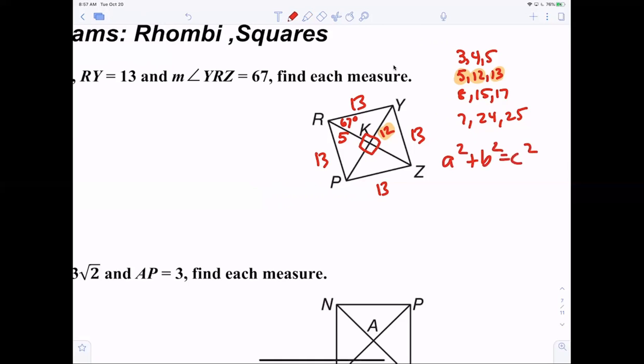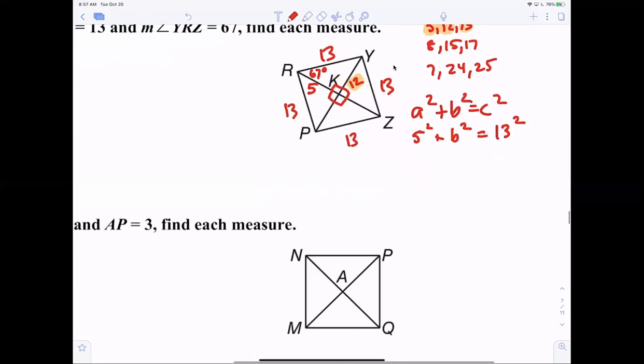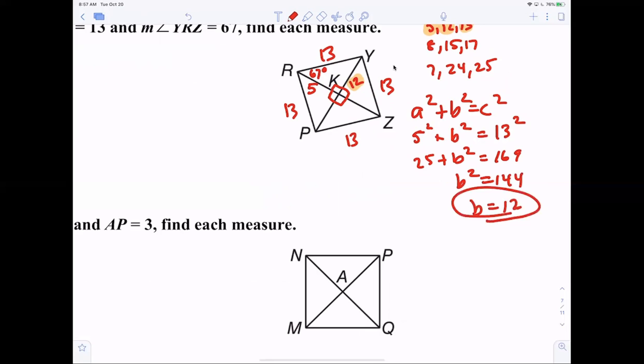So it's 5 squared plus b squared equals 13 squared. 25 plus b squared equals 169. B squared equals 144. So b was 12. So if you don't know the triples, that's how you do it.